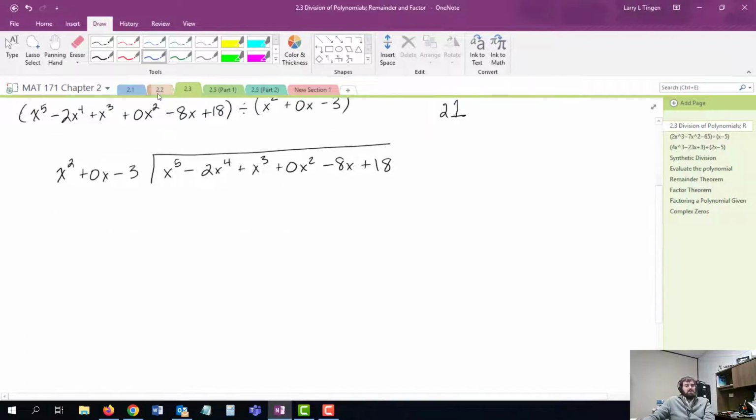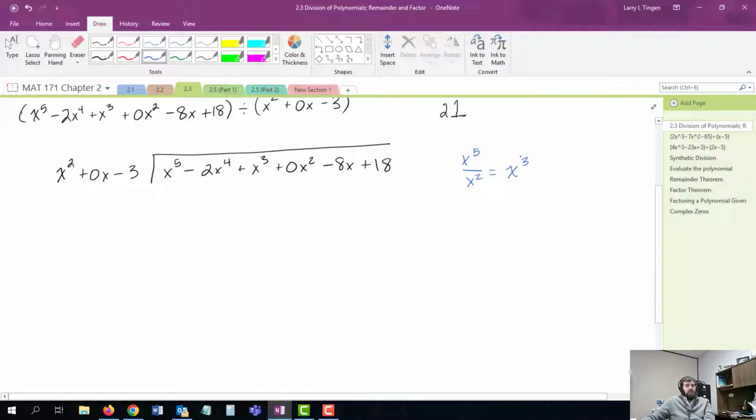So what that means is when I start this problem, I take the leading term of my divisor, and I take the leading term of my dividend, and I figure out what happens if I divide these. What do I need to multiply x squared by to get x to the fifth? Well, it's easy. Just take x to the fifth and divide it by x squared. What do I get? I get x cubed.